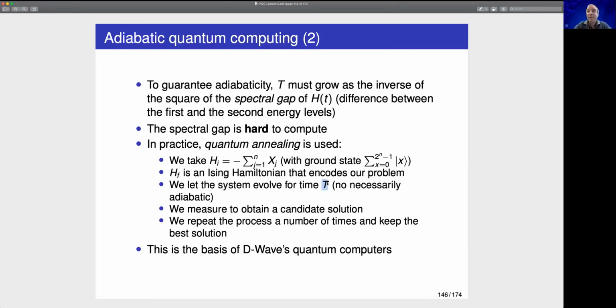And about the time t, we do not care about trying to compute the real time that we need for the whole process to be adiabatic. We just try with different values of t. We measure our solution at the end, our state at the end, and we check what is the value that we obtain. And hopefully that will give us a good approximation of the solution to the problem that we are considering.